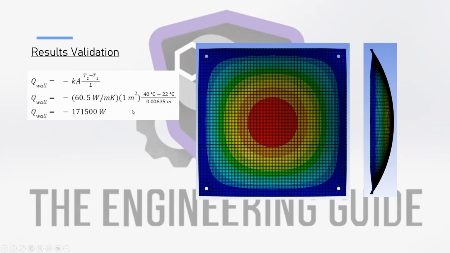The area being the 1 meter squared of the plate, and the temperature difference, the 40 degrees on the inside minus the 22 degrees on the outside, divided by the thickness of the plate, which is equal to 0.00635 meters, which gives negative 171,500 watts approximately of total heat flux going across this wall. And due to this thermal stress, we'll be able to see how the panel of the cabinet is going to warp. So all of that being said, let's go ahead and jump into Workbench and get started on this simulation.